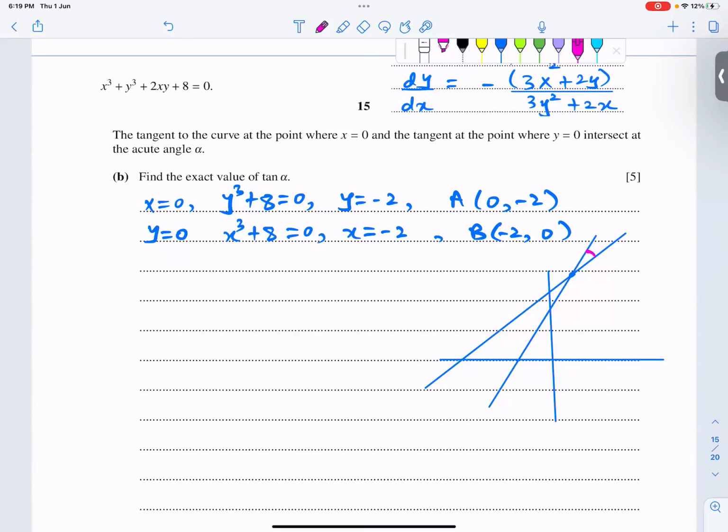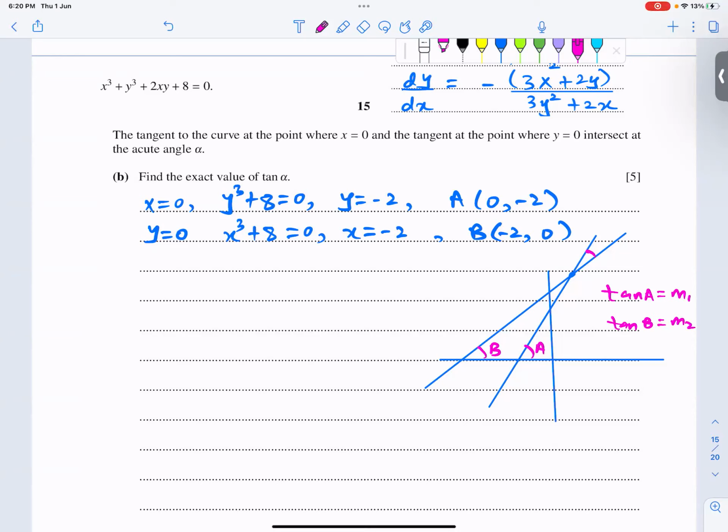So we need this pink angle. All of you know that if this angle is A and this angle is B, there is a relation between the angle and the gradient of any line: the tangent of that angle is equal to the gradient of that line. Similarly, the tangent of the second angle is the gradient of the second line.